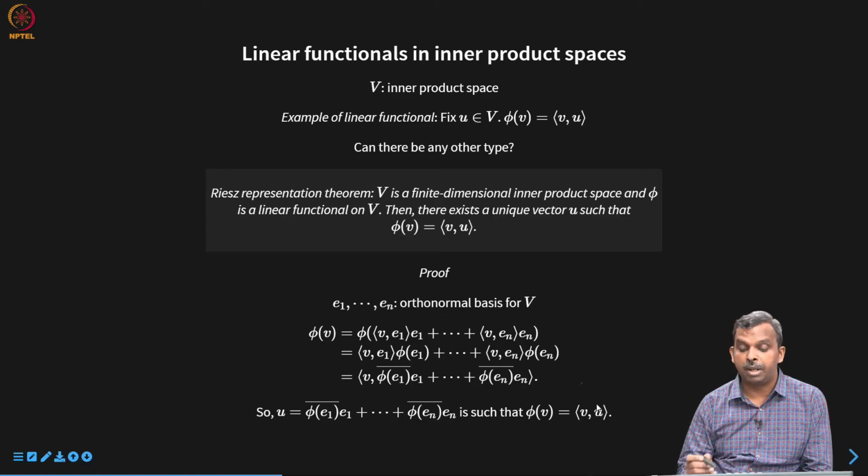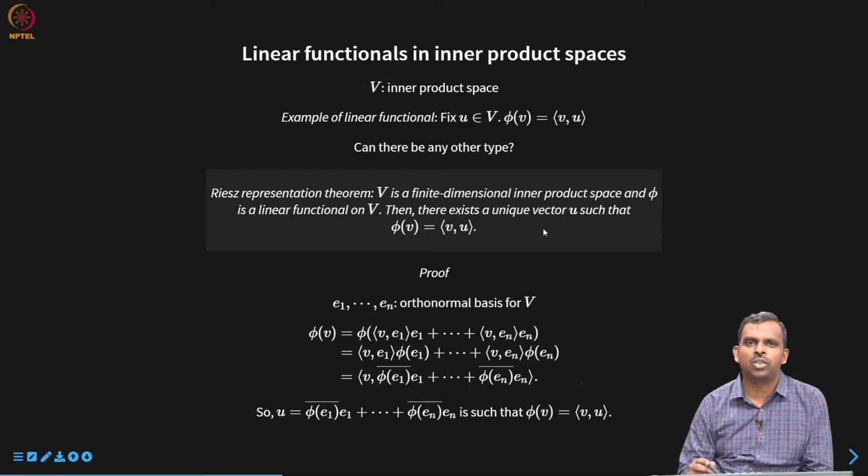So somebody gives you some linear functional phi of v, you can always go in and find the u such that phi of v becomes the inner product v comma u. That's interesting. This statement also says something about the uniqueness of this vector u. I will leave that as an exercise. Go ahead and try to show it. The book also has the proof for uniqueness.